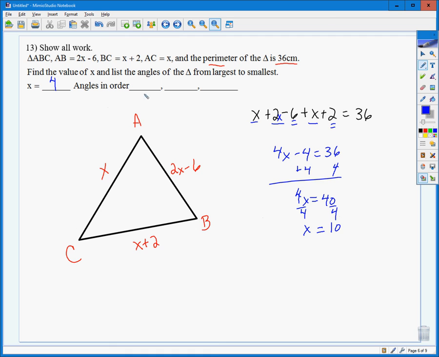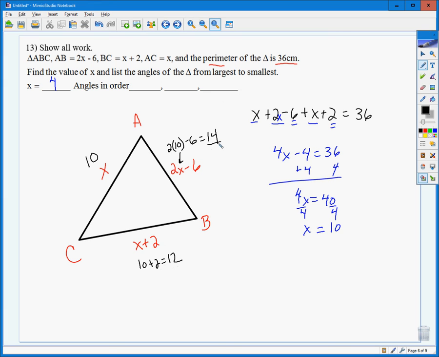They want the angles in order from largest to smallest, so I do have to plug that 10 back in. This side is 10. This side would be 2 times 10, which is 20, minus 6, so this side is 14. And this would be 10 plus 2, which is 12.